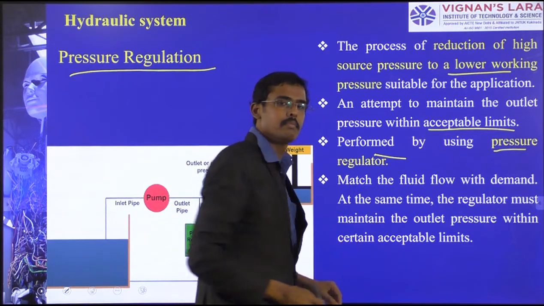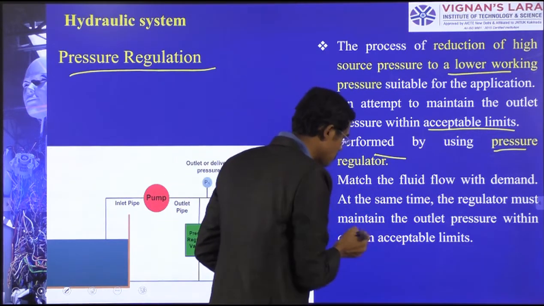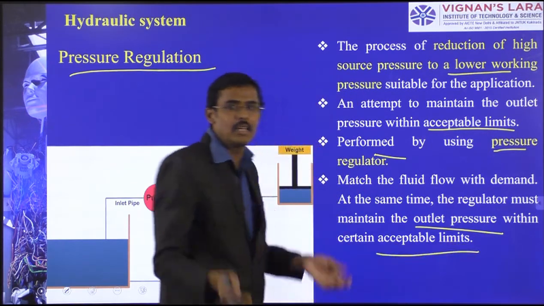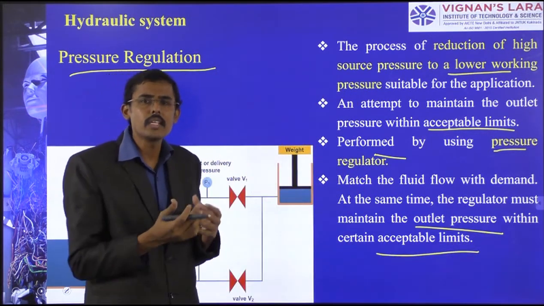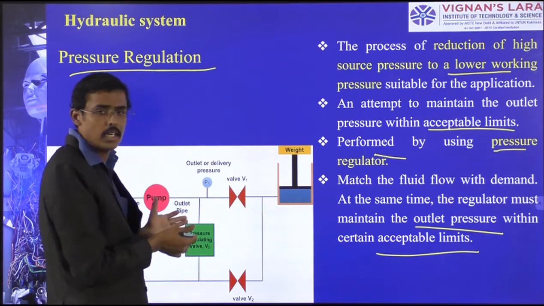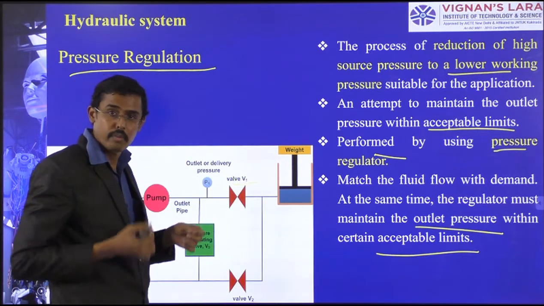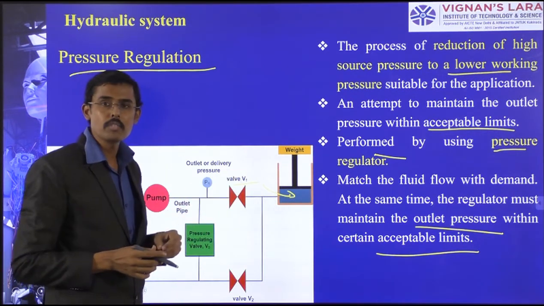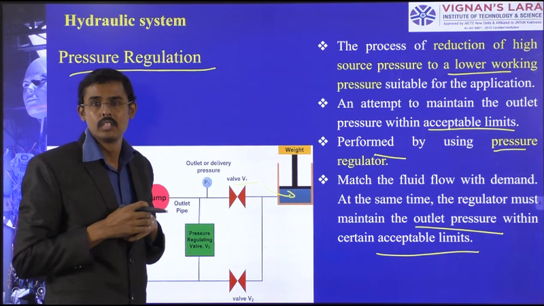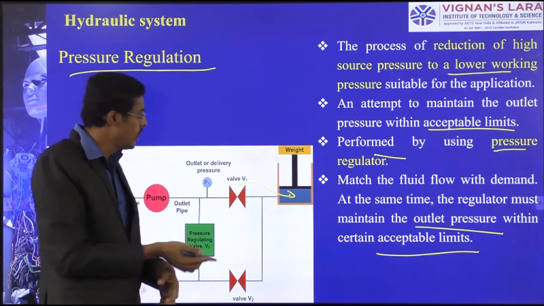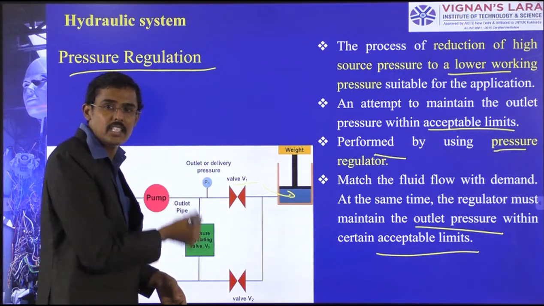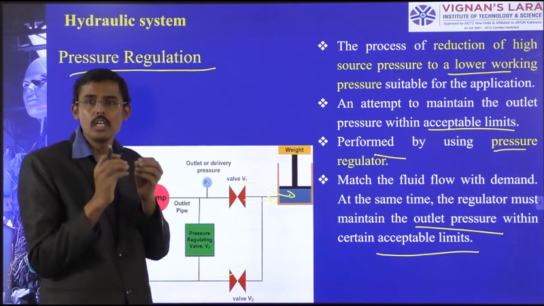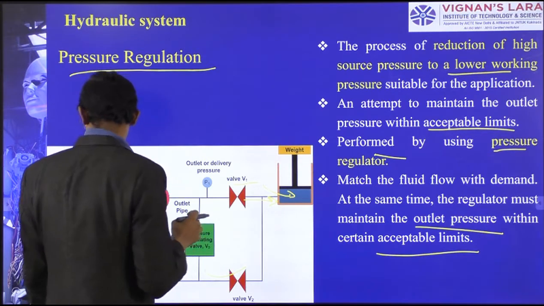At the same time, a regulator must maintain the outlet pressure within the acceptable limits. The limit should not be exceeded. After the pressure regulator, we go to the control valves, and from the control valve we go inside. Therefore, it is not permissible to give excess pressure. This excess pressure is to be monitored and regulated, in which direction we should go, and how much pressure is to be maintained.